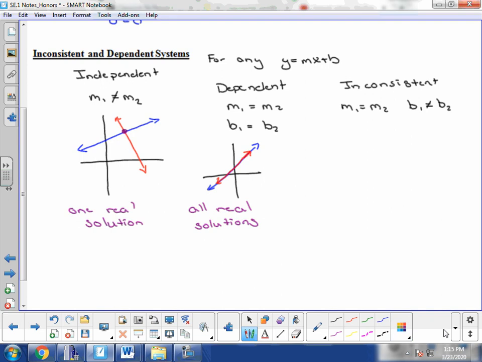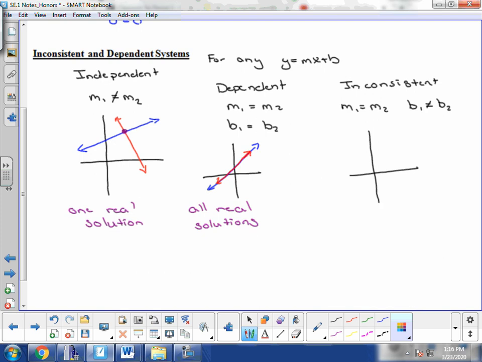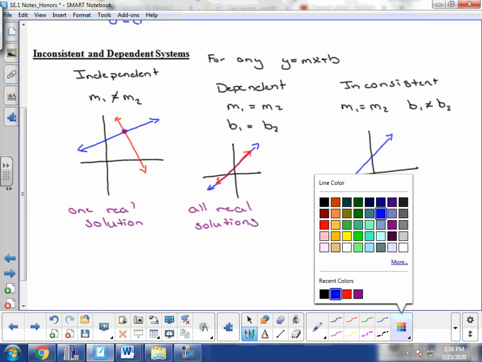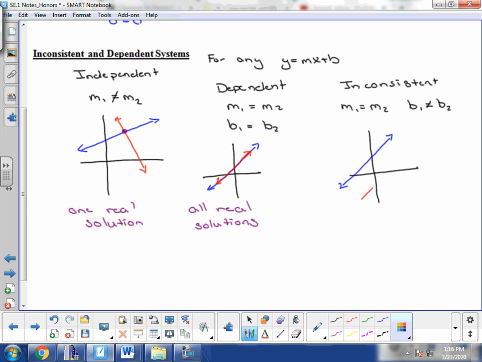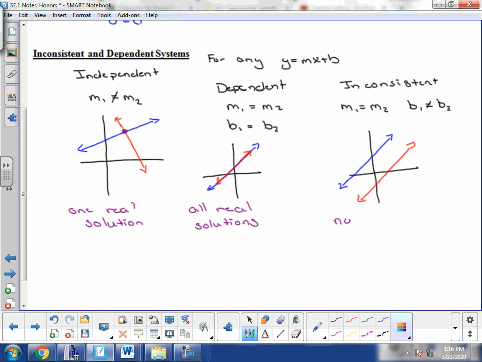If I took a look at that graphically, if you remember back to Algebra 1 and geometry, if slopes are equal but y-intercepts are not equal, these two lines are parallel. Okay, so that's not exactly perfectly drawn, but you get the idea. These two lines are parallel and they don't intersect, so there's no real solution.